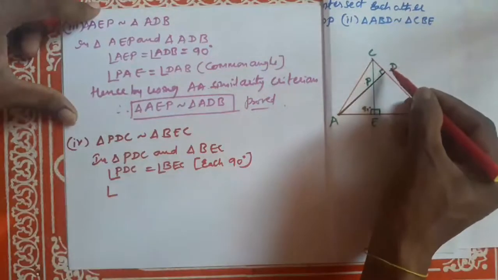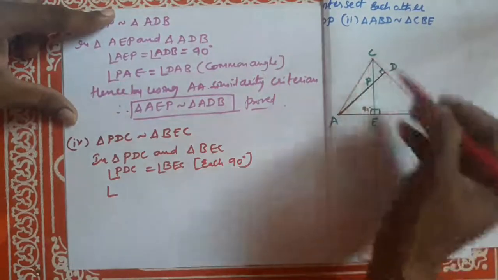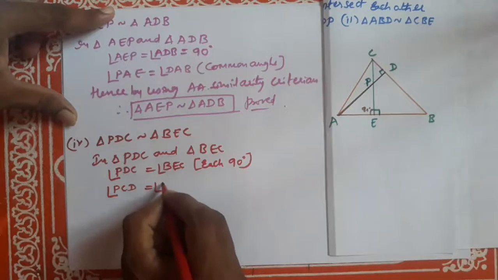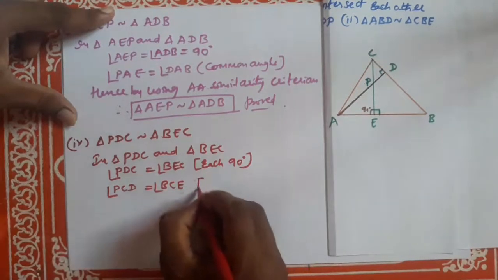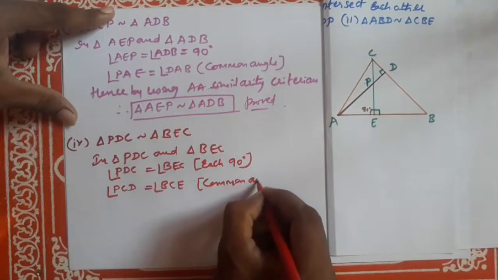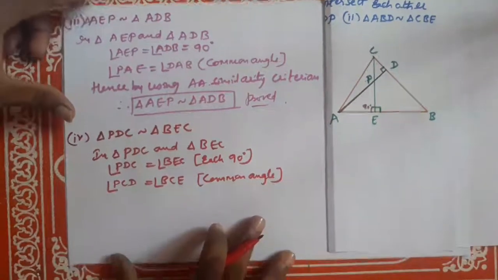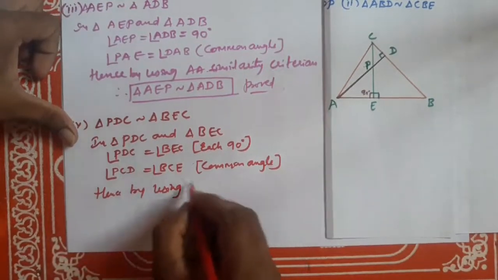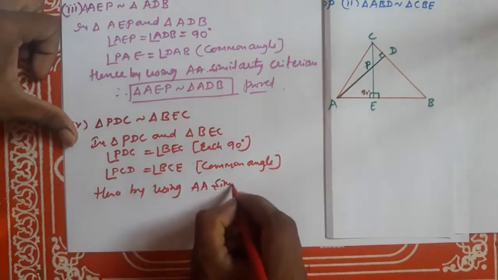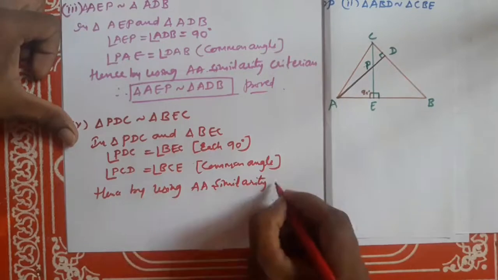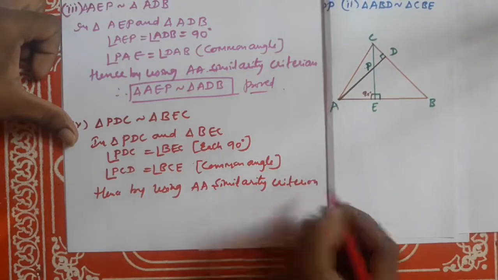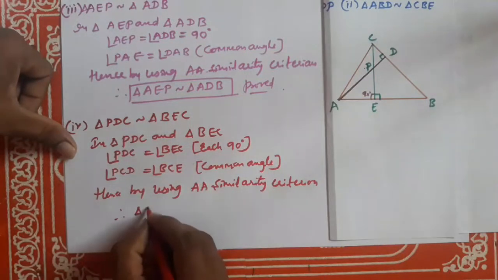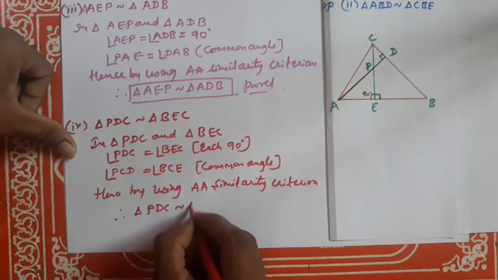Angle PCD is equal to angle BCE, the common angle, angle C. Hence, by the angle similarity criterion, triangle PDC is similar to triangle BEC.